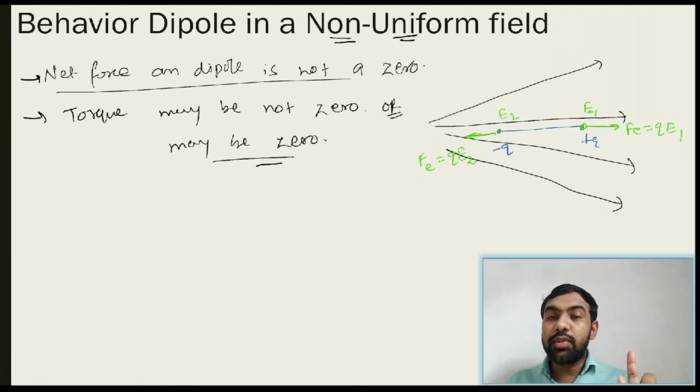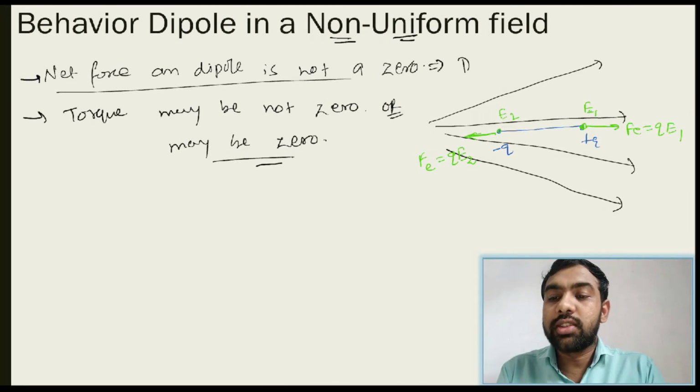In case of uniform electric field, force is zero, but torque may be zero or may not be zero. Here net force is non-zero, but torque may be zero, may not be zero. It depends on the situation, meaning how the dipole is arranged. So here the dipole is moving in the direction of force. Both forces are not zero, so the dipole is moving here.